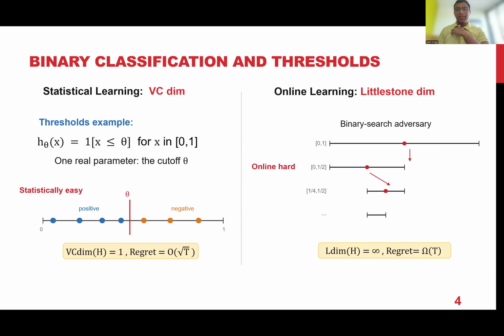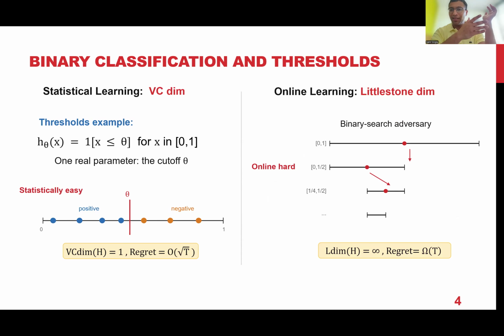The setup is something like the following: the adversary in the beginning gives you the middle point of this unit interval, and you have to predict 0 or 1, whichever way. The adversary then tosses a point: with 50% chance it goes to the left, with 50% chance it goes to the right. So there's only a 50% chance that you'll be correct.